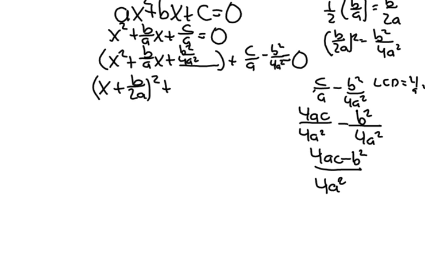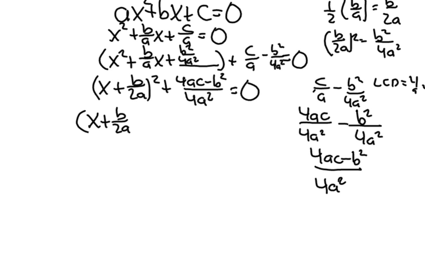So I'm going to put plus 4ac minus b squared over 4a squared equal to 0. Now I'm going to subtract this entire term. Now remember, if the whole thing is negative, so let me show in a different color, I need to distribute the negative to both of these terms.